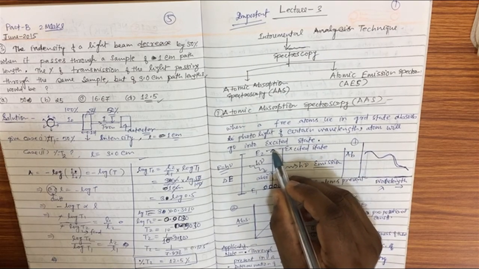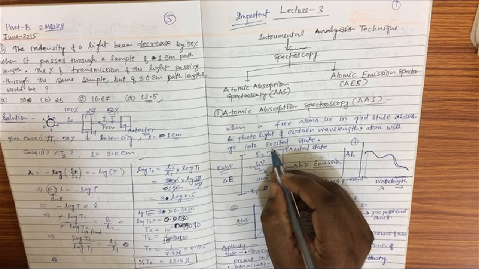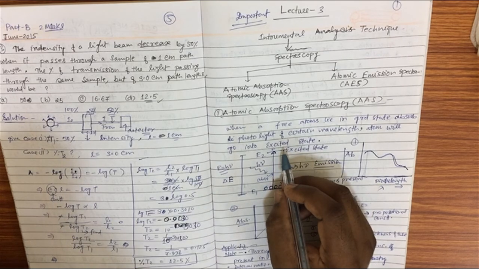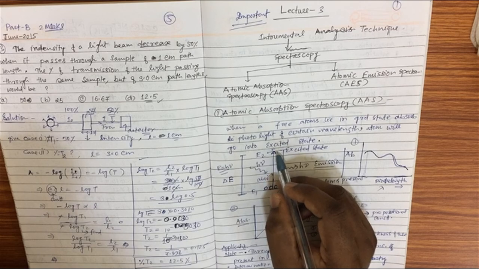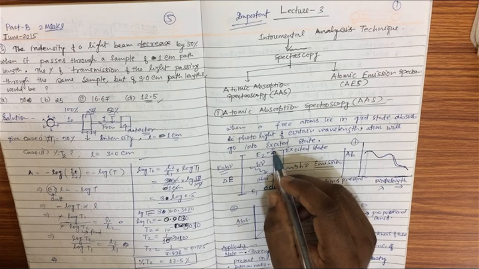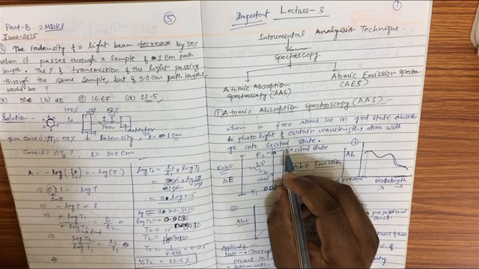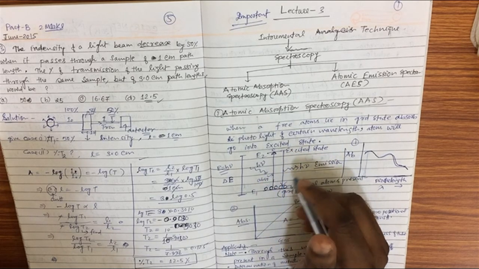Because of this, holes and electrons are formed. Due to the lower stability of these atoms in the excited state, they will not stay too long, so there is a possibility they come back to the ground state.